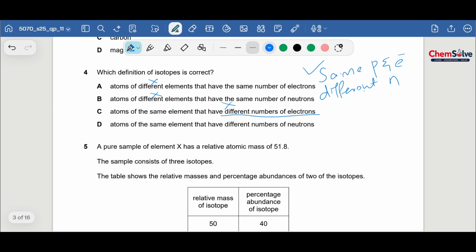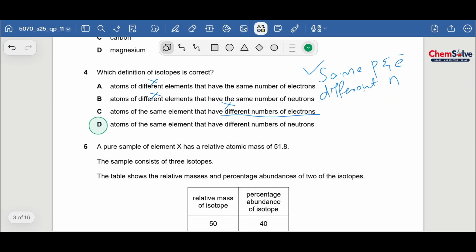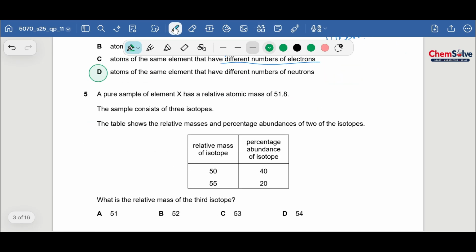So this is not the correct option. So the correct option is this one: atoms of the same element that have different numbers of neutrons. So D is the correct option here. Let's move to the next one.